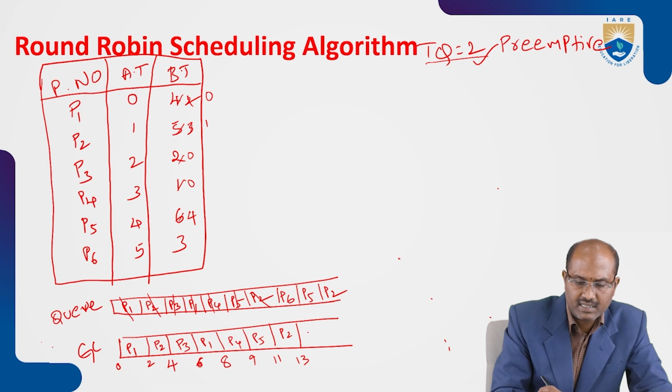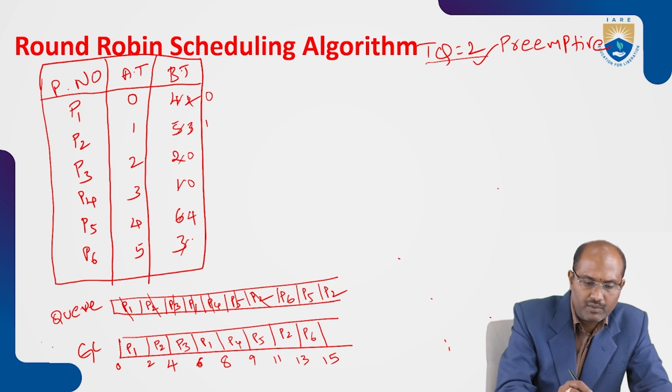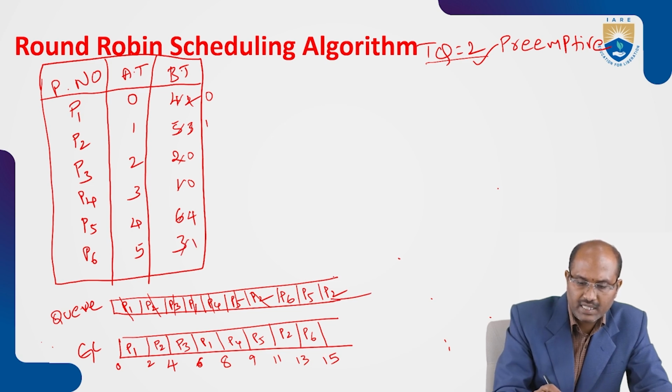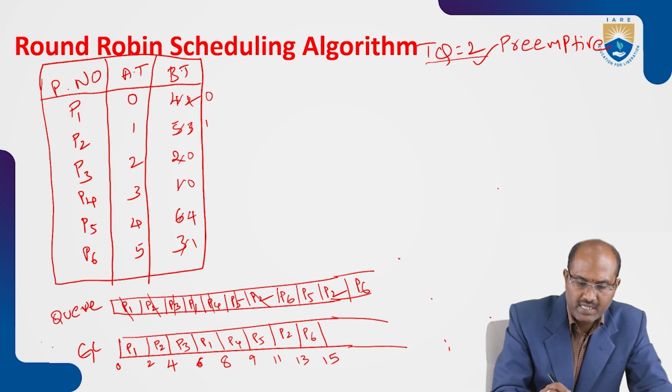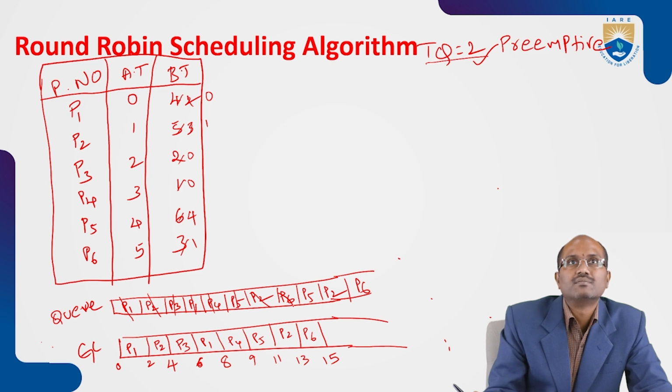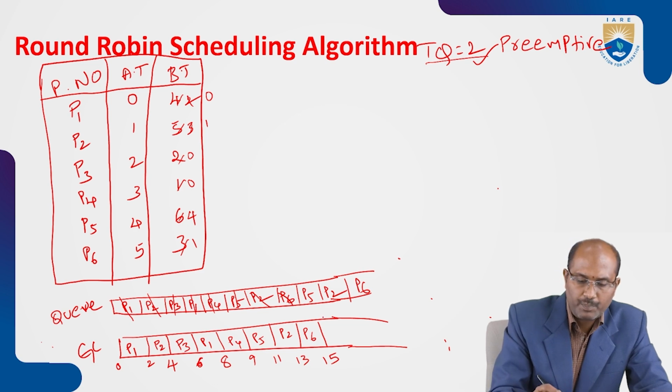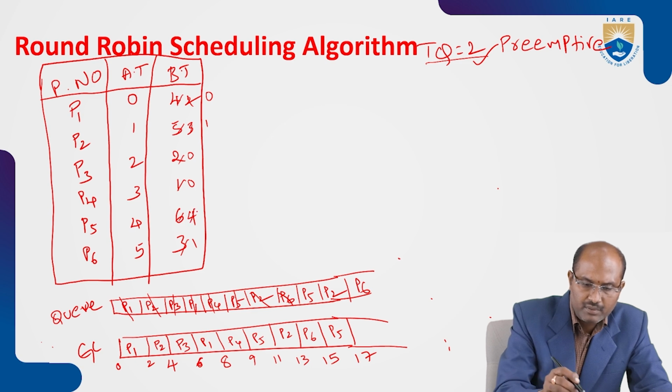Next P6 enters into the queue and executes 2 units of time, so 13, 15. So 2 units completed, 1 is left, so P6 enters into the queue again. Then P5 enters into the CPU and executes 2 units, so 17. P5 has 2 left, so P5 enters into the queue again.